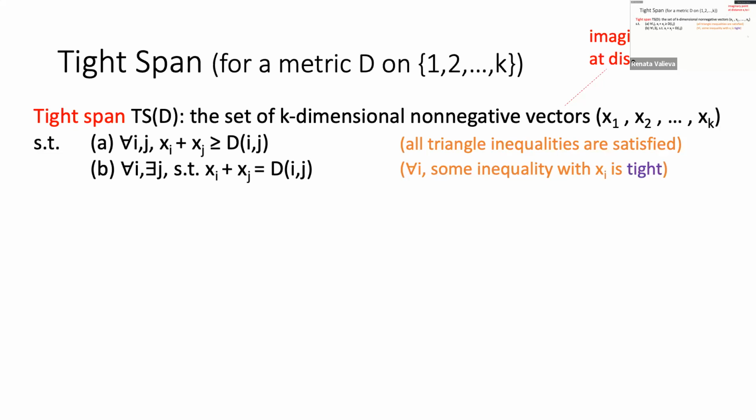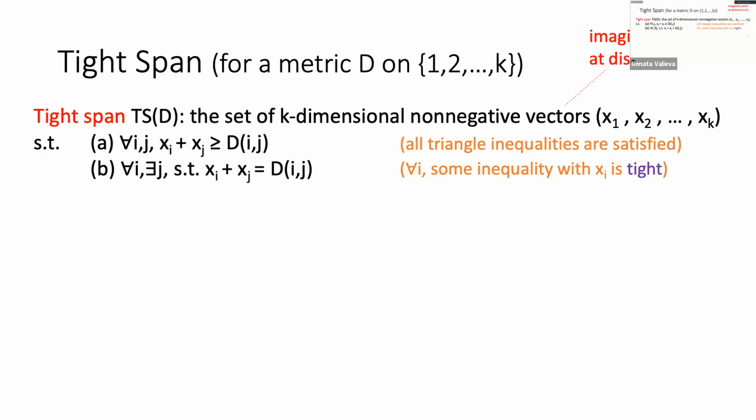The metric is on k terminals, a k-point metric, and it is great to think of the k-dimensional vectors as imaginary points. The metric only contains k points, but I want to imagine there are many other points in the metric, and represent them. A vector represents a point whose distance to terminal i is x_i. If I get vector 1, 1, 1, 1, then I have an imaginary point at distance 1 to each terminal. For it to lie in the tight span, it has to be that we cannot further suppress any of its distances.